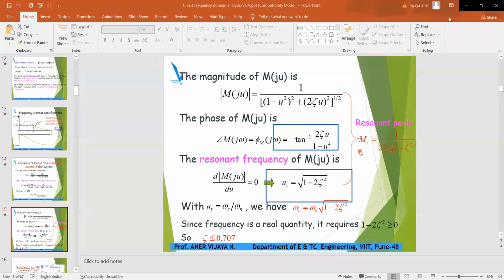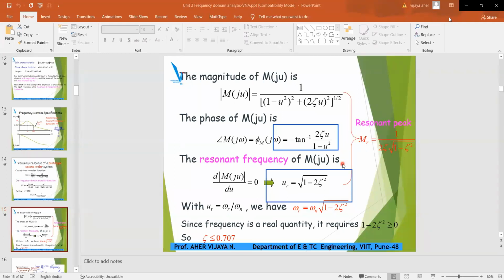Now the resonant frequency of mju is given by this equation. How to find that resonant frequency? For finding the resonant frequency of mju, in normalized frequency, you have to take the derivative with respect to u and equate that derivative to 0.